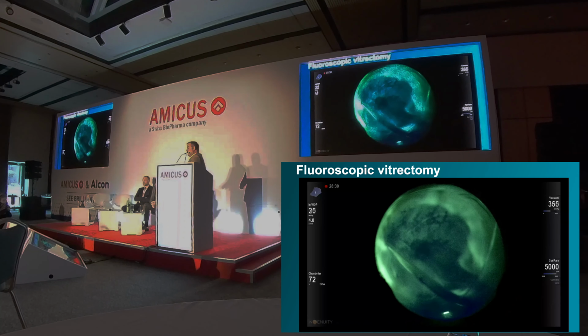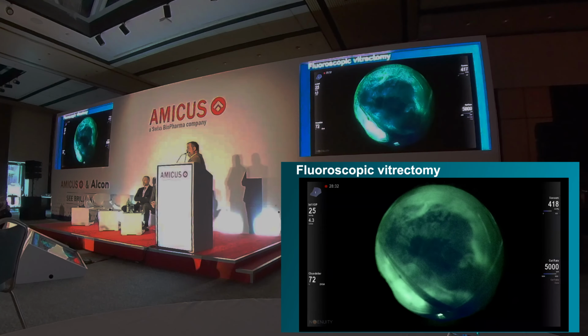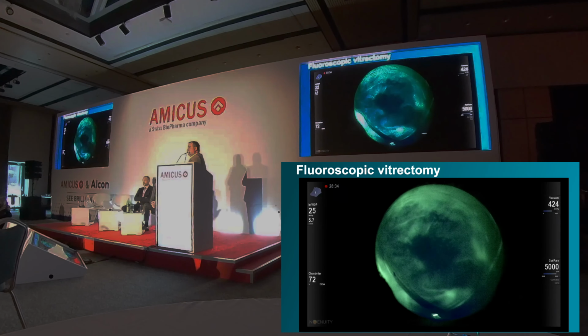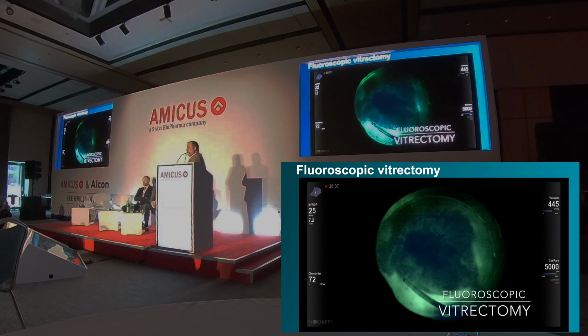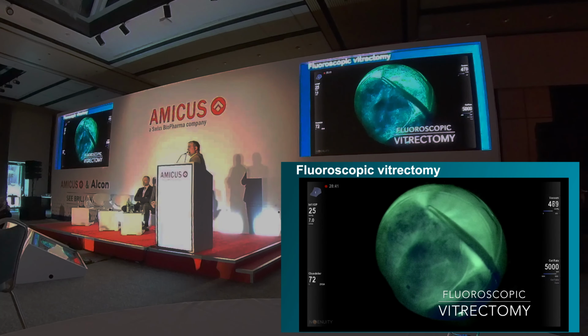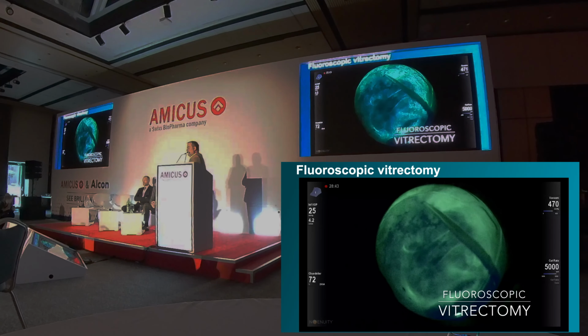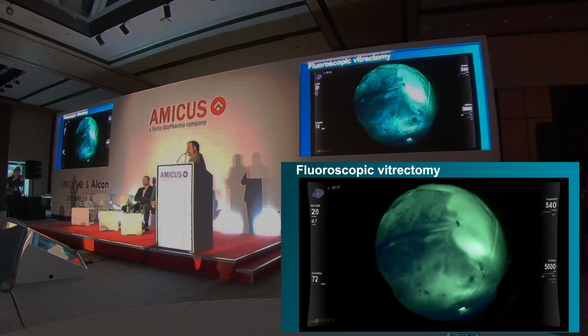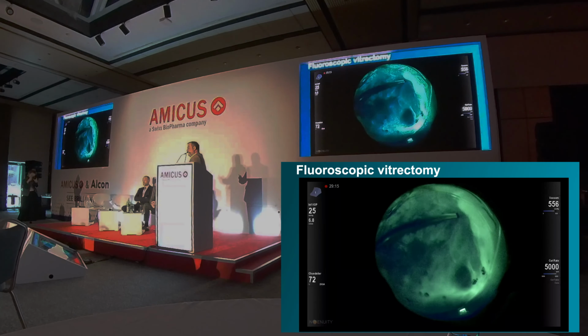And something quite interesting, since 1979, Machemer introduced the vitrectomy, and since that time we perform vitrectomy without the ability to see the vitreous because the vitreous is transparent. So with the Ngenuity, we are able to completely remove the vitreous because we see it.